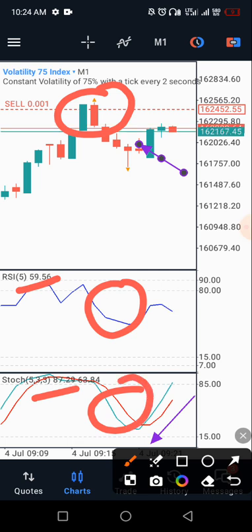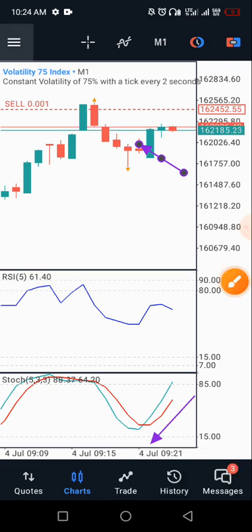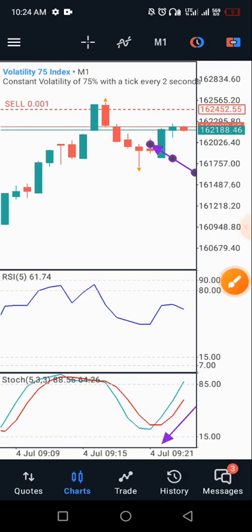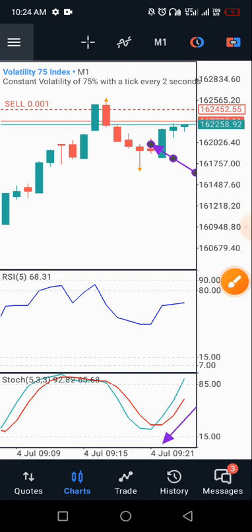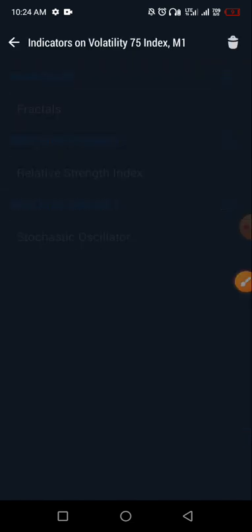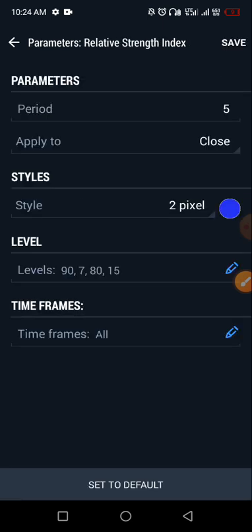Before we enter this trade, the first thing we have to note is that we are going to add the RSI indicator to our chart. The way to add it is to click on this particular icon here on our screen, and then you can see these are the settings for the RSI indicator.